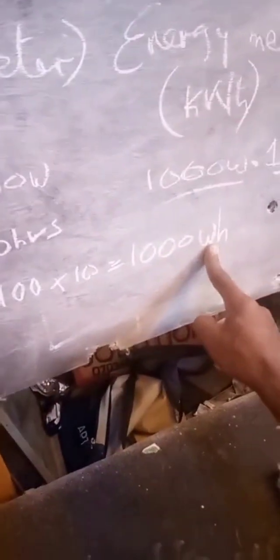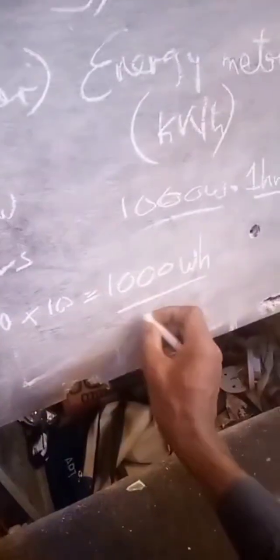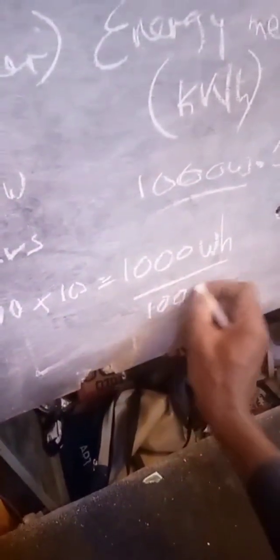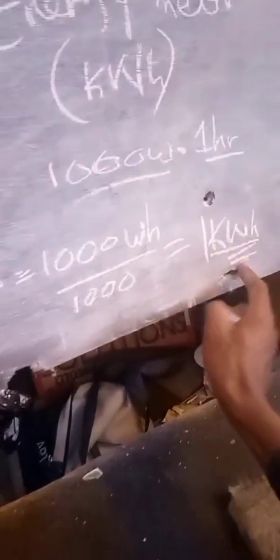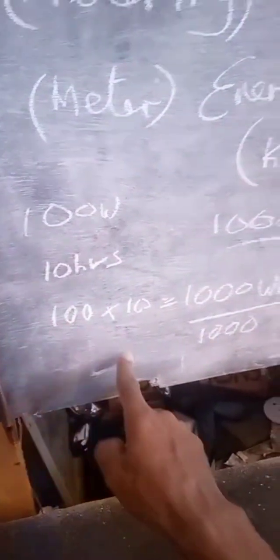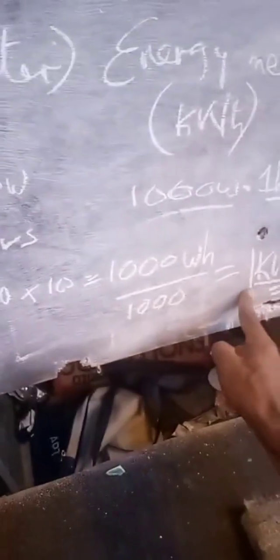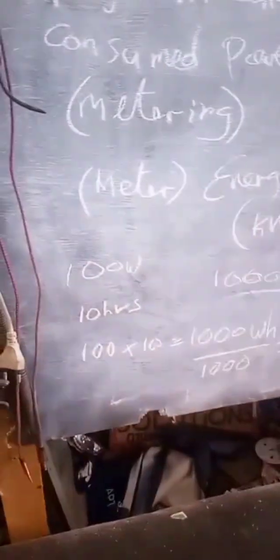But remember, this is watt hours and we need our answer in kilowatt hours, so we divide by 1000 to give us 1 kilowatt hour, and this is the unit that counts on your meter reading. So if you are using gadgets of 100 watts in 10 hours, that is when you pay 1 unit of your token. So we can have a few more examples.